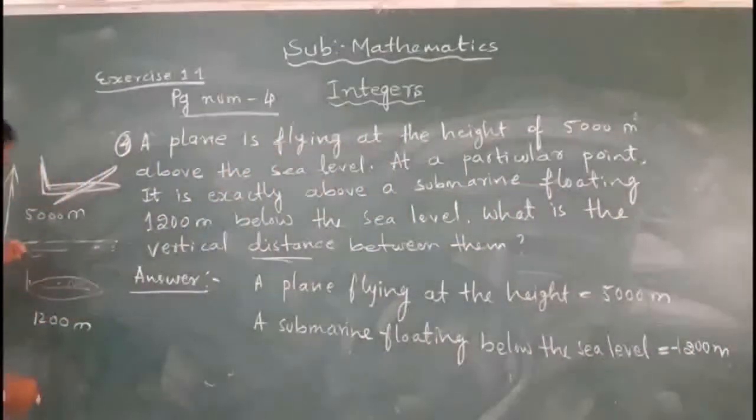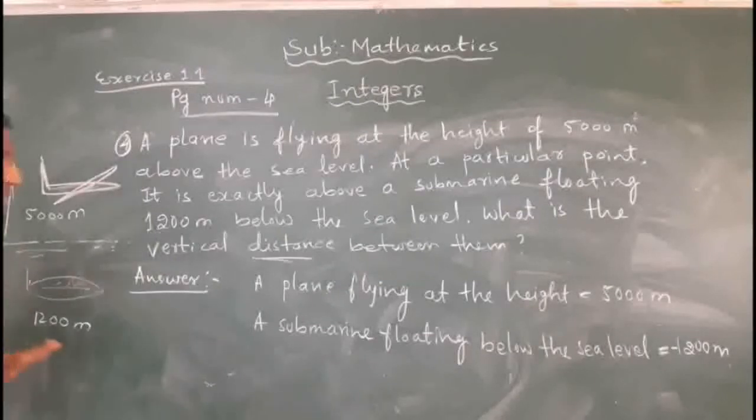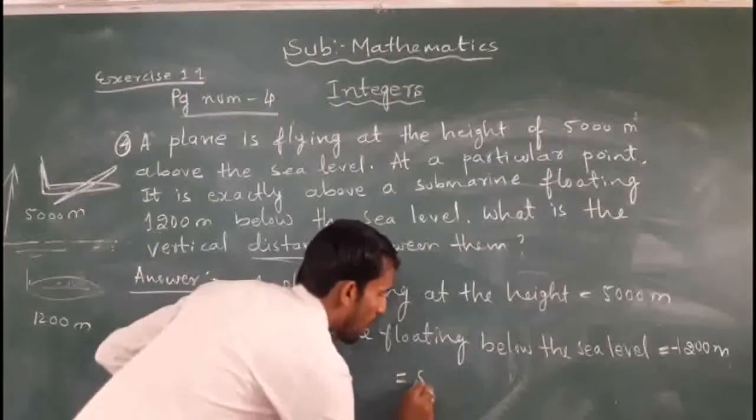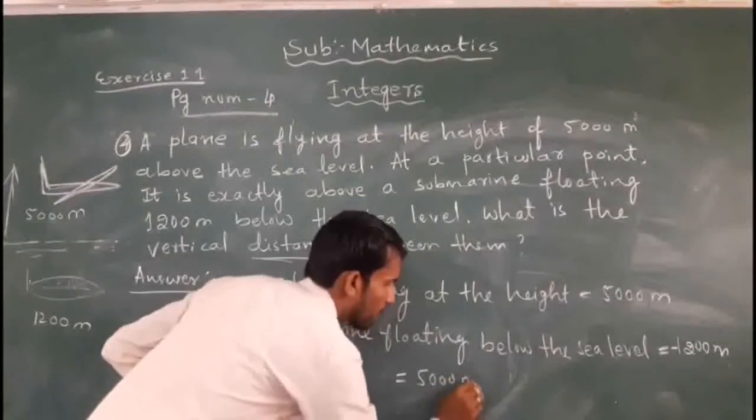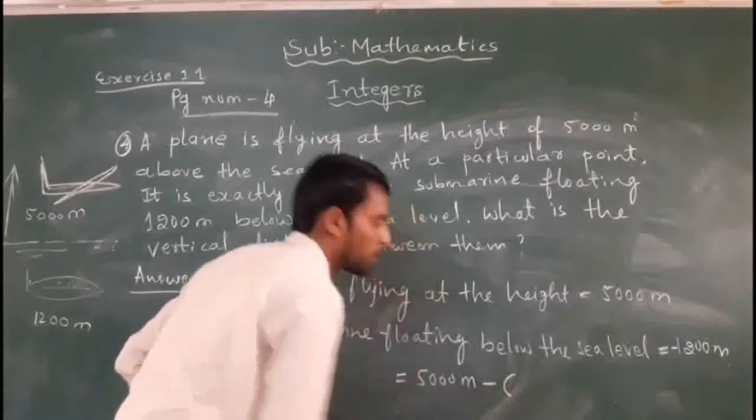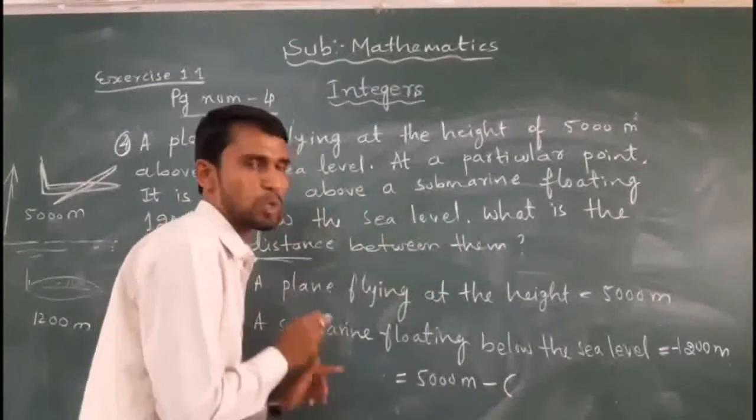I am taking this as negative numbers. This I am taking as positive. See here, 5,000 meters minus. We have to find the difference between these two distances.